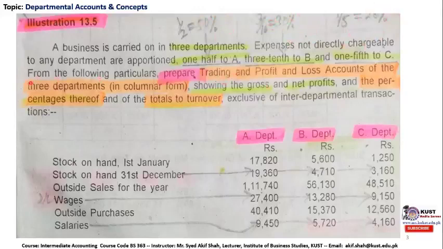Let's move ahead. From the following particulars, we are asked to prepare the trading and profit and loss account of 3 departments in columnar form. There are 2 types, independent and columnar.